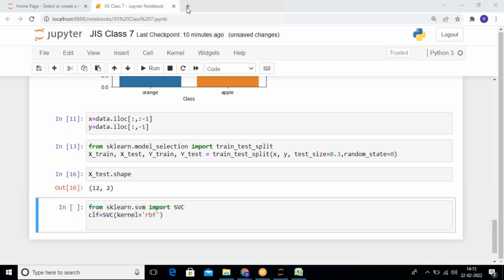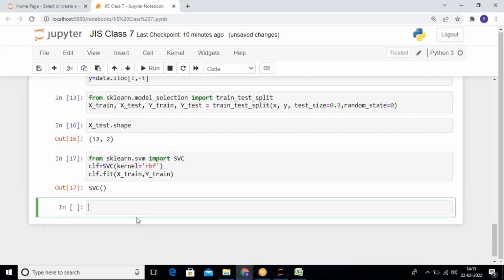Okay, now with the help of this model, I will train the model. See, I just trained the model. See, my model is trained.